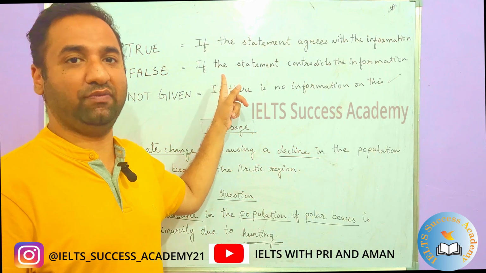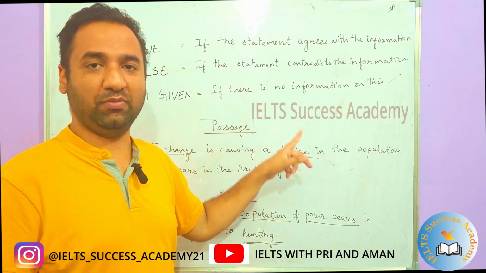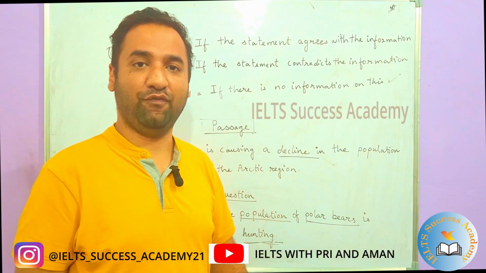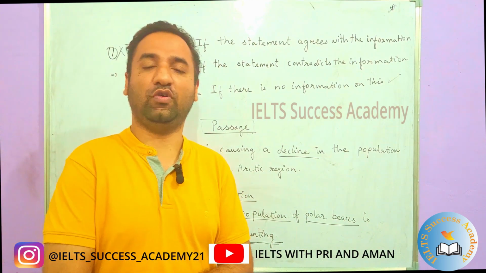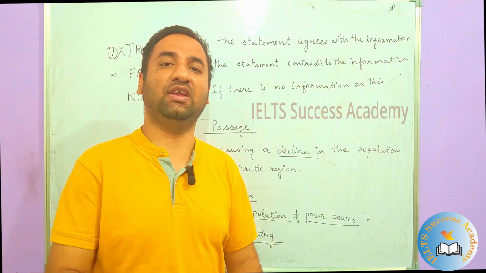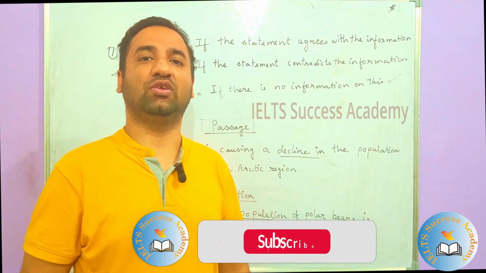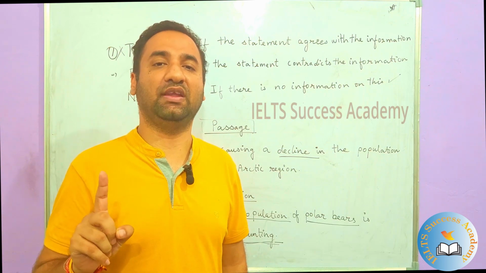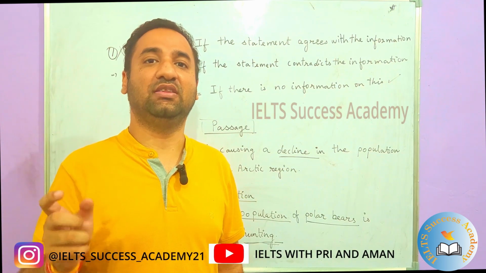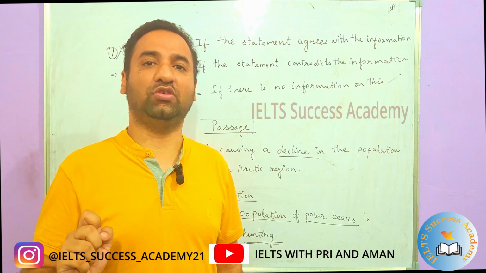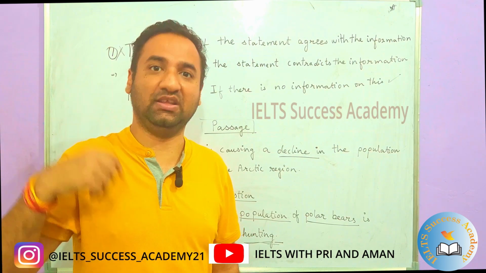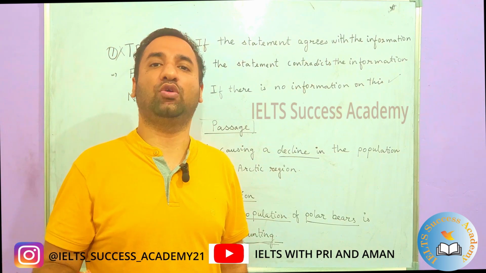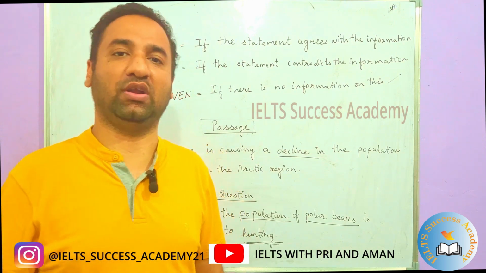Obviously, the primary information is given by the passage, so the answer in that case would be false. Also, true, false, not given always move in a sequential order. So let's say if you find your answer for the first true, false, not given in the 11th line, then for the second question your answer will be found after the 11th line. Okay, it always moves in a chronological or sequential order.